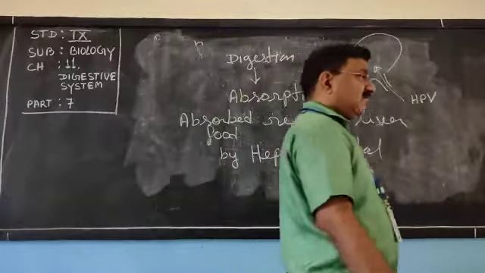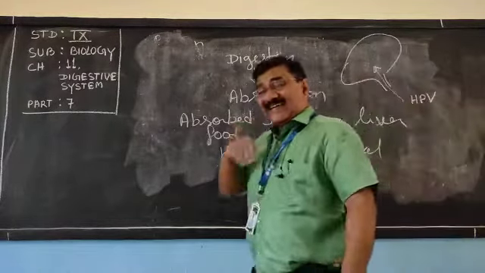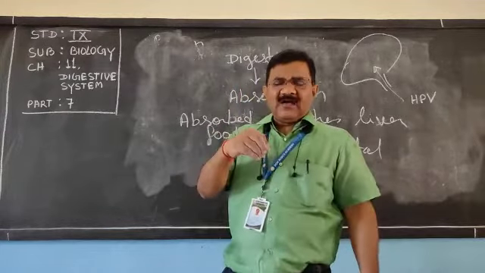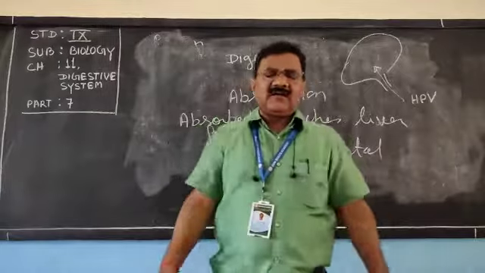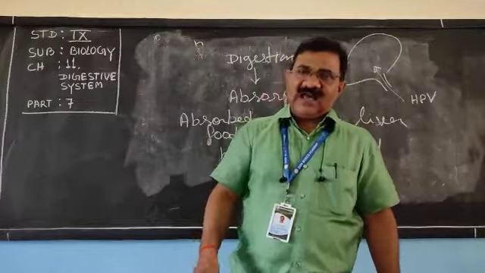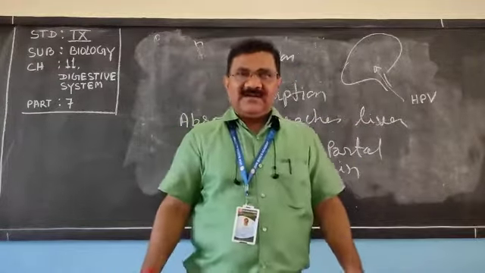Now, dear children, suppose I am eating now. After what time will this food be completely digested? It depends on the nature of the food, but the average is 4 hours. After 4 hours, the process of digestion is completed.